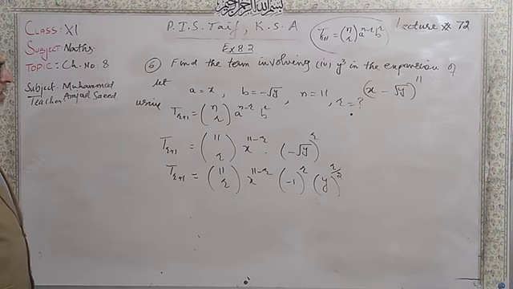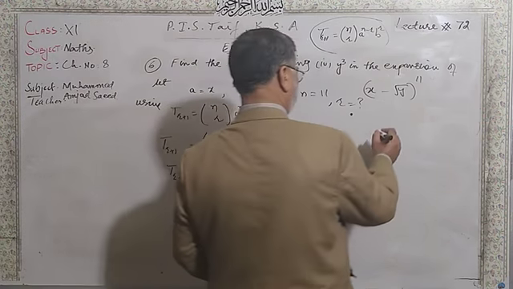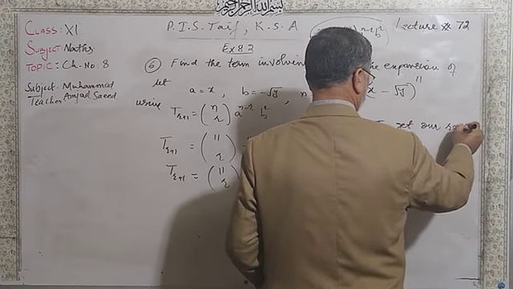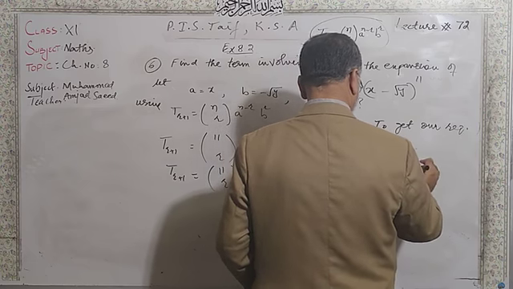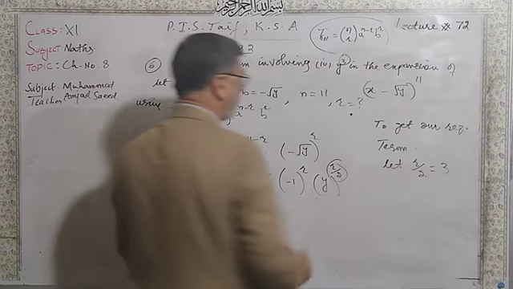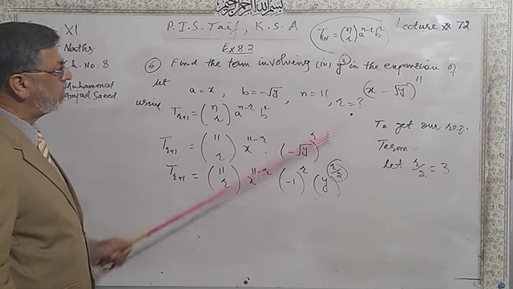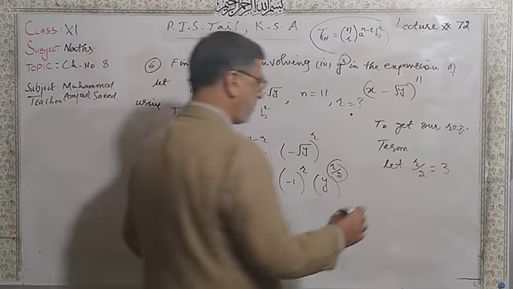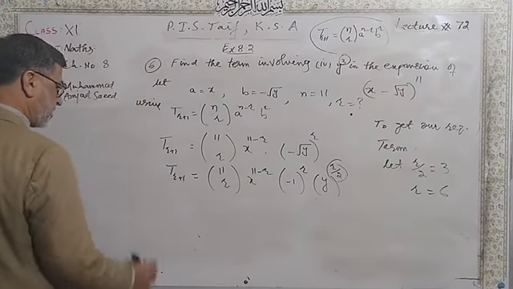To get our required term, let r over 2 be equal to 3. Remember that this is y power r over 2, and here the y power is 3. So they are equal, so r is equal to 6.